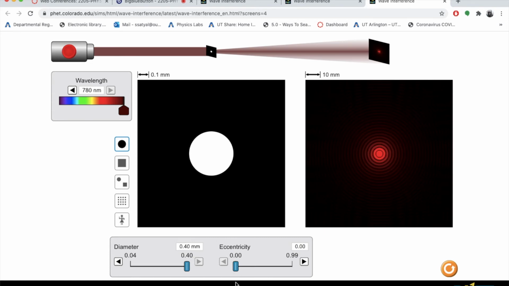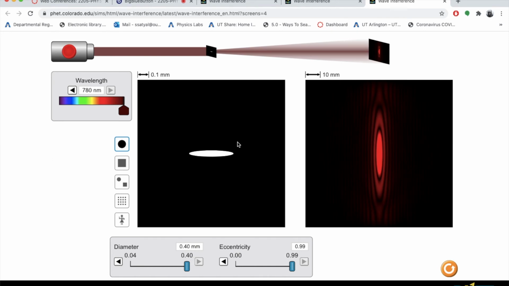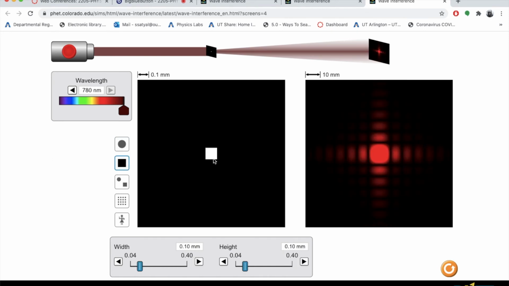This is for the circular case. Eccentricity is 0. I can increase the eccentricity, meaning I can increase the flatness of that circle and see how the pattern changes. Right. I can also have a square aperture.